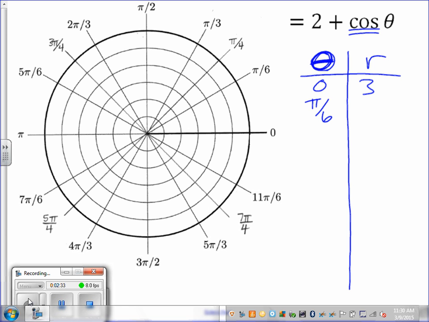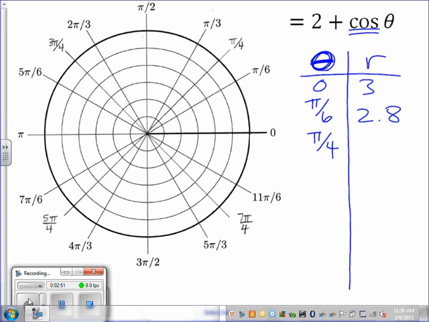If we move over to pi over 6, the cosine of pi over 6 is radical 3 over 2, which is approximately, I believe, 0.8, and then I add 2 to that, so I'm going to call that 2.8.